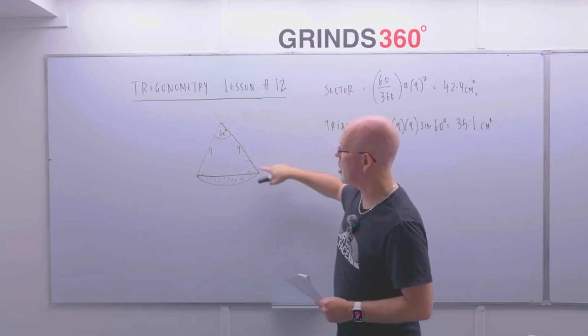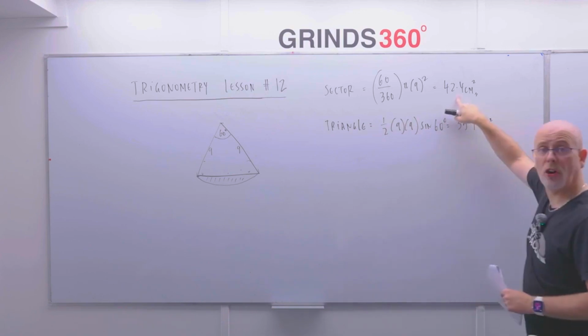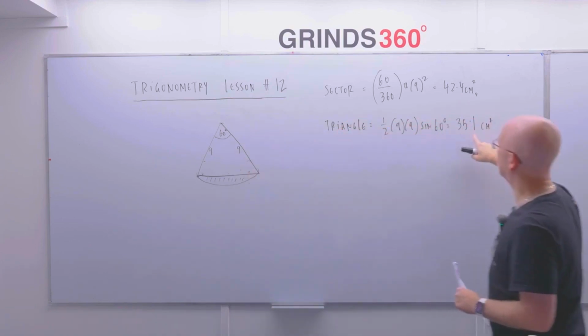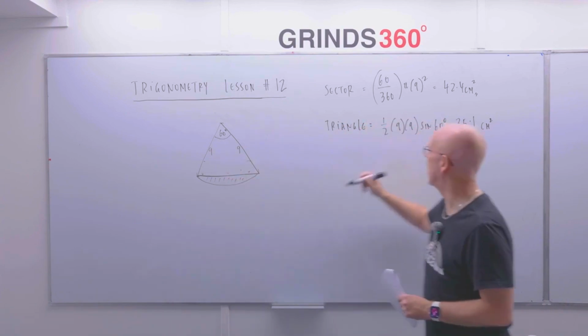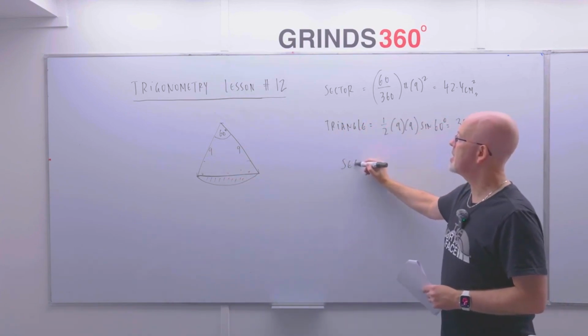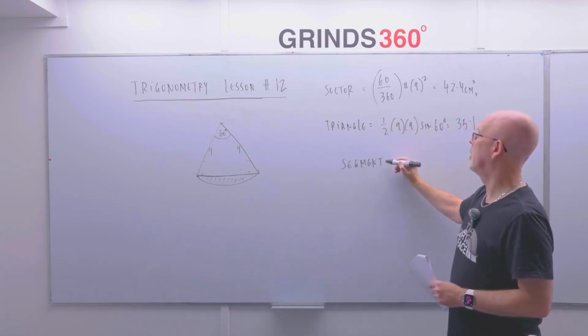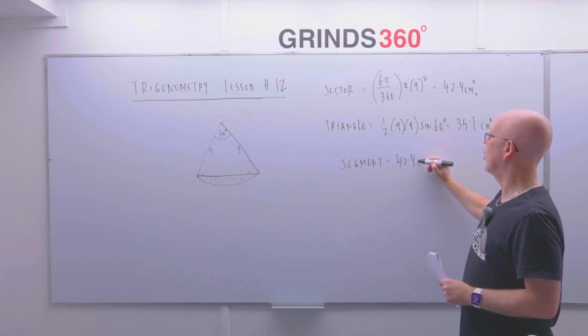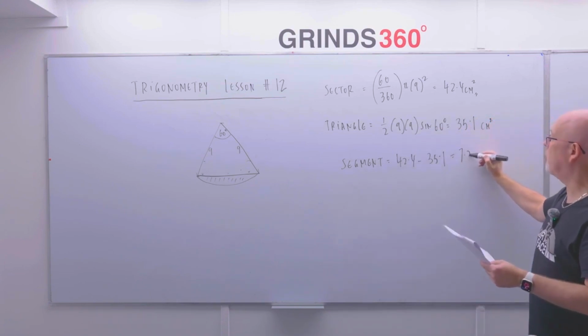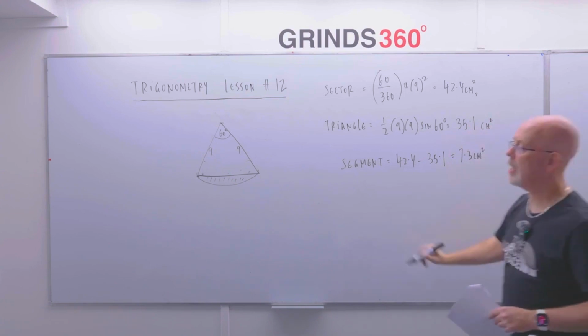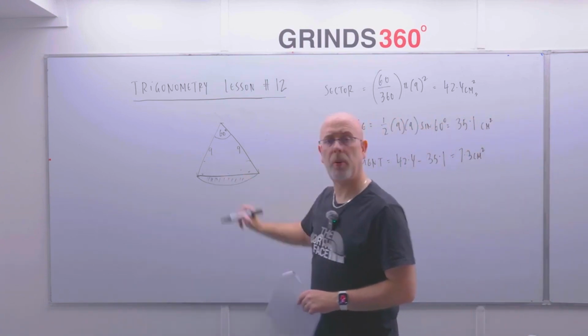So the whole sector has an area of 42.4. The triangle bit has an area of 35.1. So subtracting one from the other will give me this segment down here. The area of the segment is 42.4 take away 35.1, which comes out at 7.3 centimetres squared. So this bit here is 7.3.